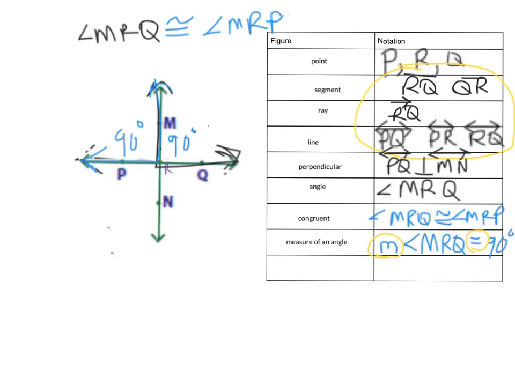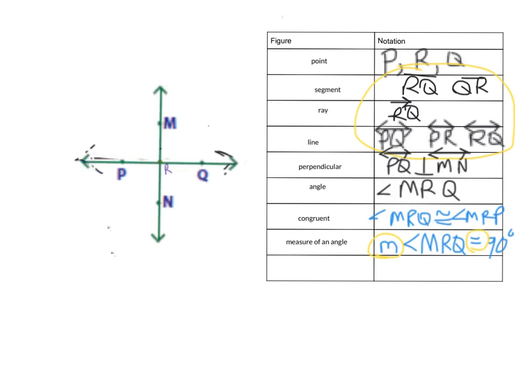Okay, the last thing that I want to note over here is one more angle, and that angle would be a straight angle, which we've talked about before. The straight angle that I want to look at is angle PRQ. Now you might say, well, that's a line. But if we write it as angle PRQ, we're actually talking about this straight angle, the two rays that make the angle.